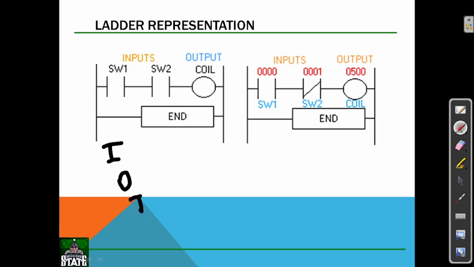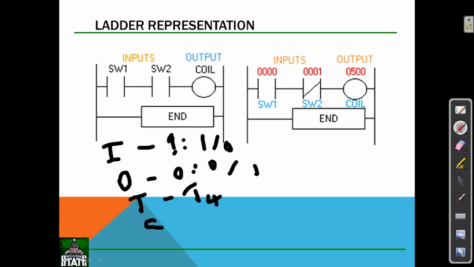The input address, output address, timer address and counter address vary from software to software. For example, in Logic Pro software, the input may be like I:1/0 and the output may be O:0/1. The timer is T4 and the counter is C5.